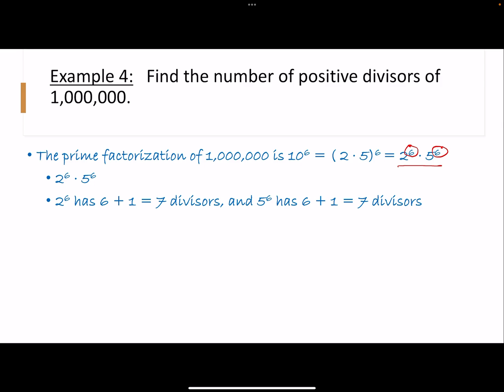So 6 plus 1 equals 7. And then the exponent on the 5 is also a 6, so 6 plus 1 is 7. You take your 2 exponents, you add 1 to both of them, and you multiply those numbers together. And that's how many divisors the number has. So 1 million has 49 different divisors.